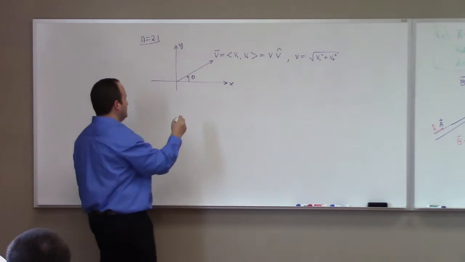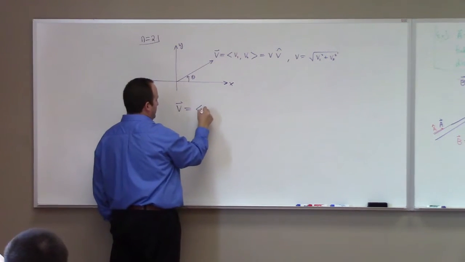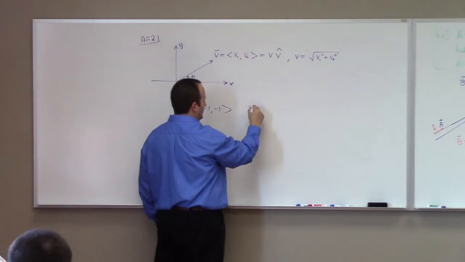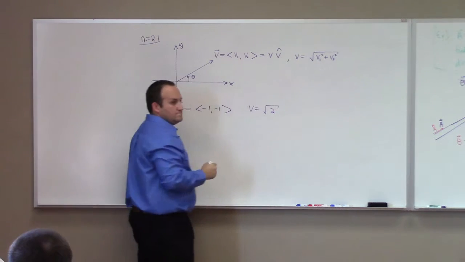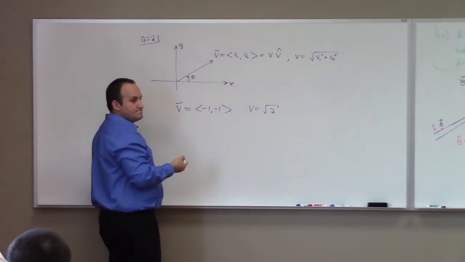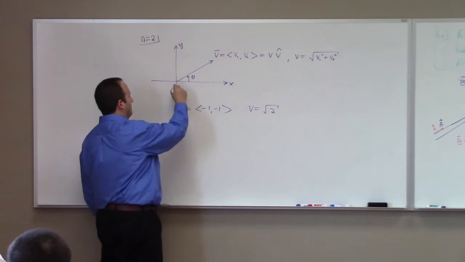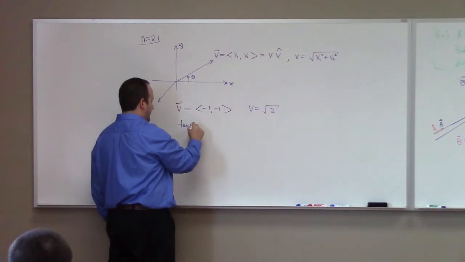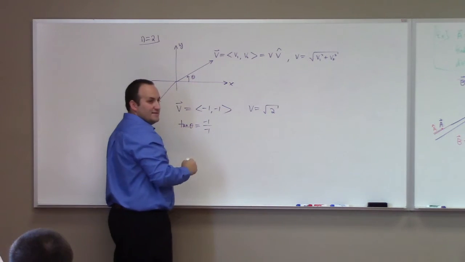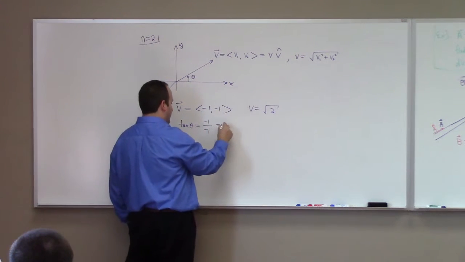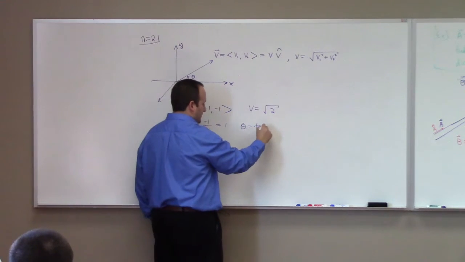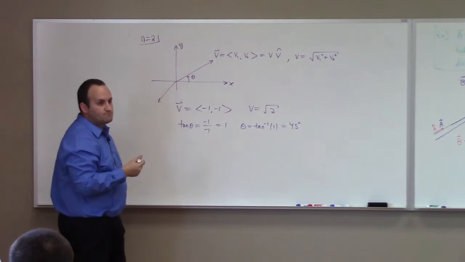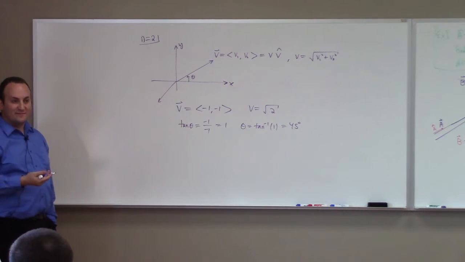Like, for example, if I have v equal to -1, -1, well, the magnitude is square root of 2, right? What's the angle? See, if you think that the tangent of theta is equal to -1 over -1, that would be 1, so theta would be inverse tangent of 1, which is, by the way, 45 degrees, or pi over 4, which is obviously wrong, right?